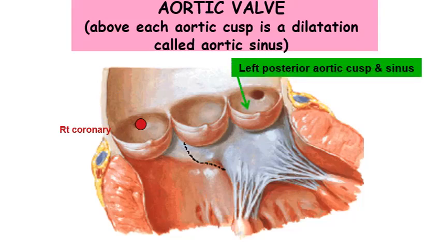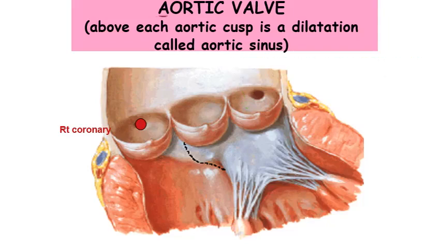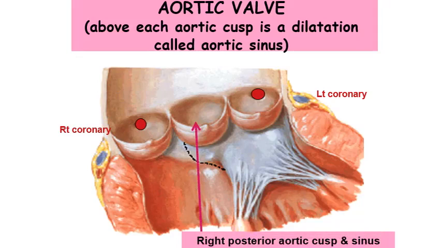And this is the left posterior aortic cusp and sinus. It has another opening which gives origin to the left coronary artery, the other main branch supplying the heart. And this is the right posterior aortic cusp and sinus. It gives origin to nothing. So we only have two coronaries, the right coronary and the left coronary artery.